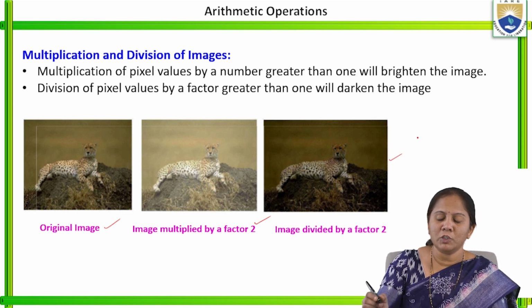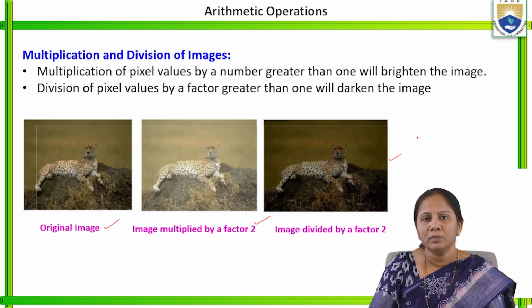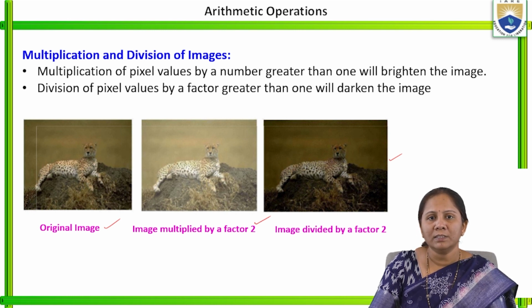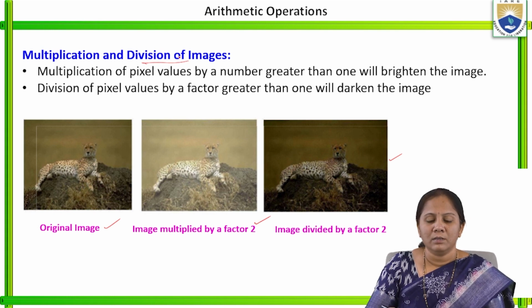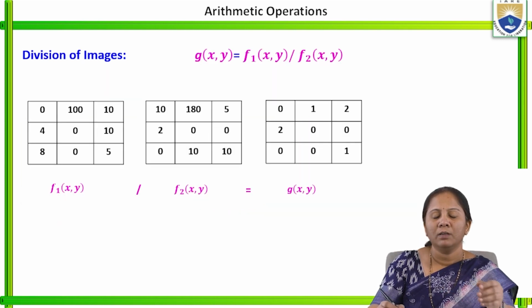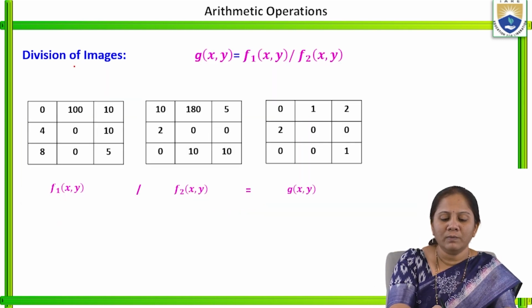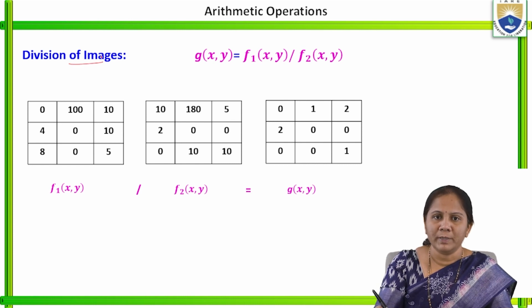And if you perform division operation by a factor 2, it is darkened. So this figure clearly shows the example of multiplication and division of images.